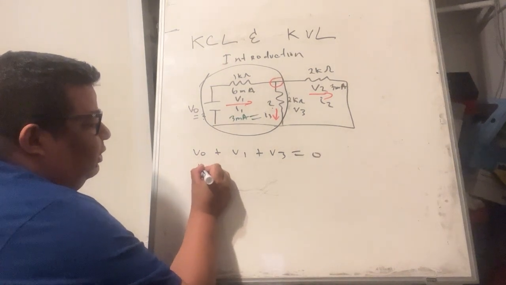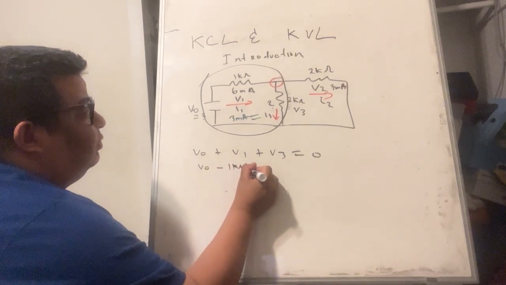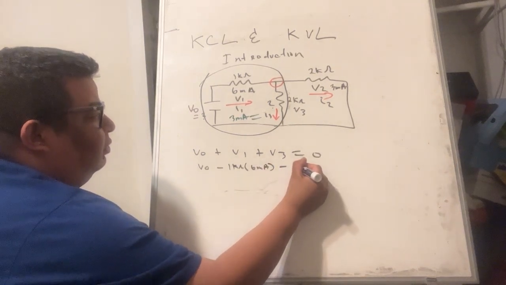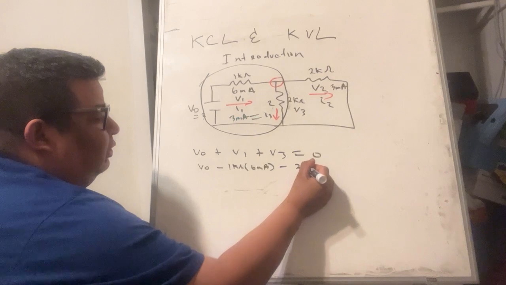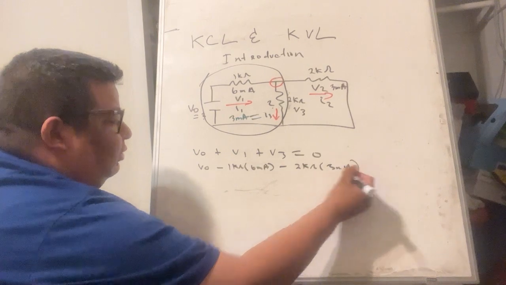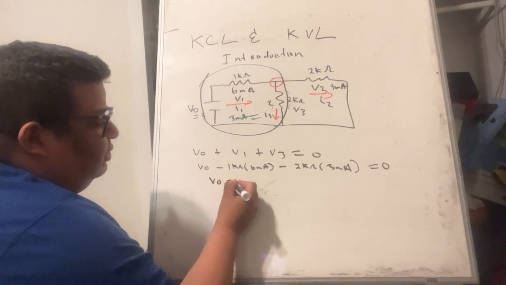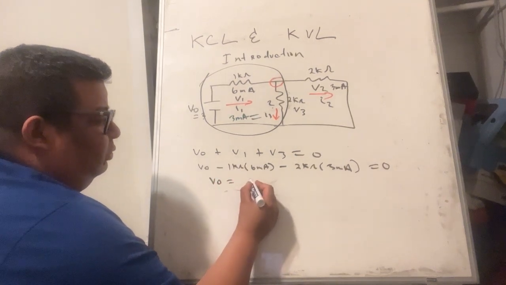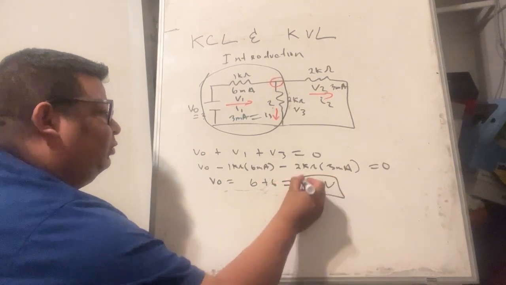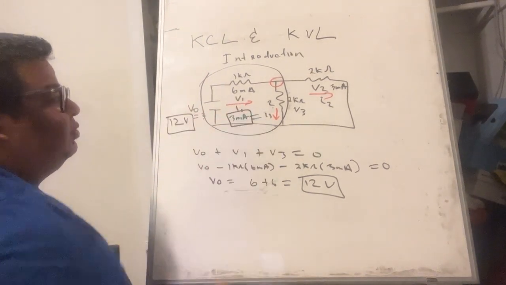That means V0 minus 1 kilo ohm times 6 milliamps minus 2 kilo ohms times 3 milliamps equals 0. That means V0 is equal to 6 plus 6, which is 12 volts. So this is 12 volts, and this is 3 milliamps.